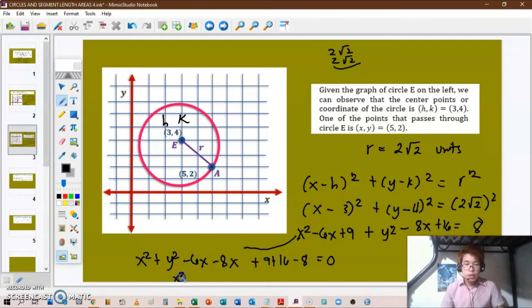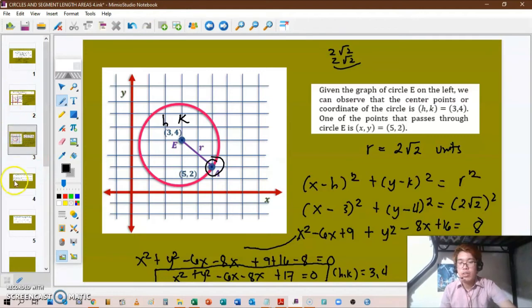Okay, so x squared plus y squared minus 6x minus 8y plus 17 is equal to 0. So this is the standard equation of our circle given that the center (h, k) is equal to (3, 4), and given that we have these points right here. Okay, so that's the standard equation.